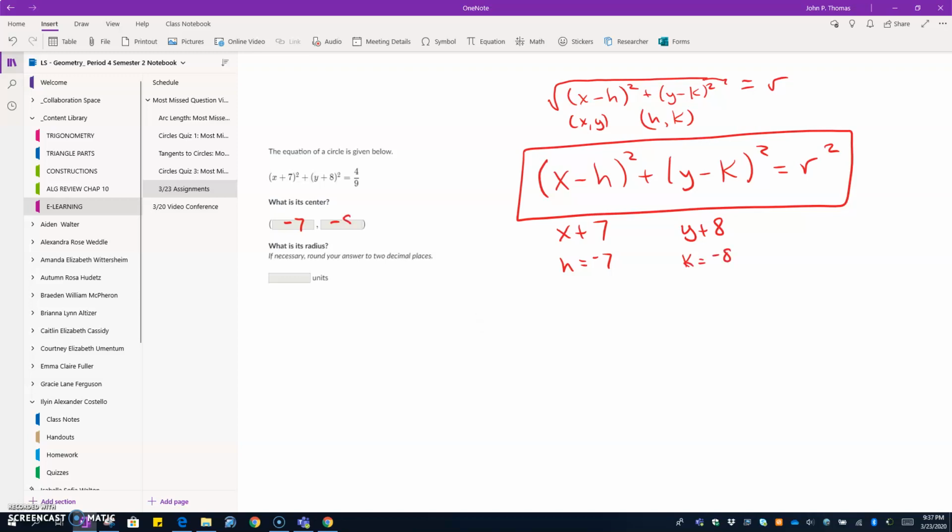So I've got negative 8 for the other coordinate of the center. Then it asks us for the radius. They have 4/9 in this spot. So I have r squared equals 4/9. That means when I take the square root of both sides, square root of 4 is 2, square root of 9 is 3, so I've got 2/3. Those would be our appropriate answers for that question.